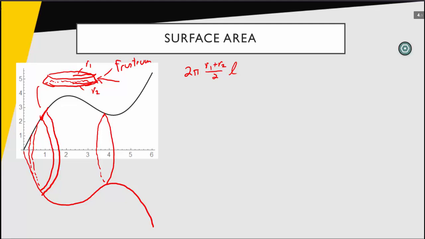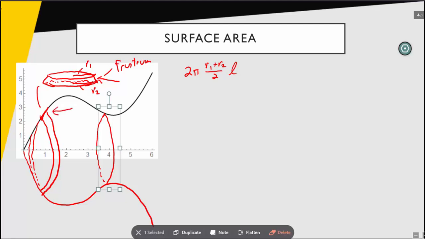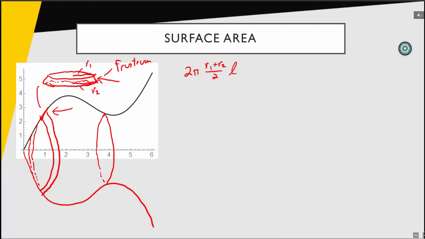But now if I look at my specific frustum, as in my slice over here, there are two things that happen when I apply this directly to my slice. One, I can take a very, very thin slice. As the thickness of my slice gets smaller and smaller, the values of r1 and r2 are going to get closer and closer to the same thing. So in the limit, I would look at 2 times whatever the radius value is, divided by 2.